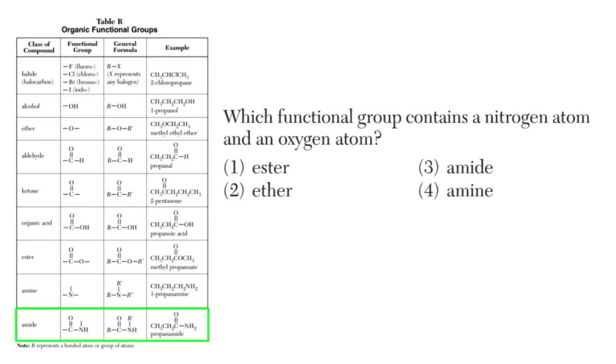If we're talking about both a nitrogen and an oxygen atom, this would be an amide group. So not an amine, because an amine group has a nitrogen but no oxygen. Not an ester, because an ester has a carbon double bonded to an oxygen, but then it's bonded to an oxygen, not a nitrogen. And not an ether, because an ether doesn't have a carbon double bonded to an oxygen, and it doesn't have a nitrogen atom.